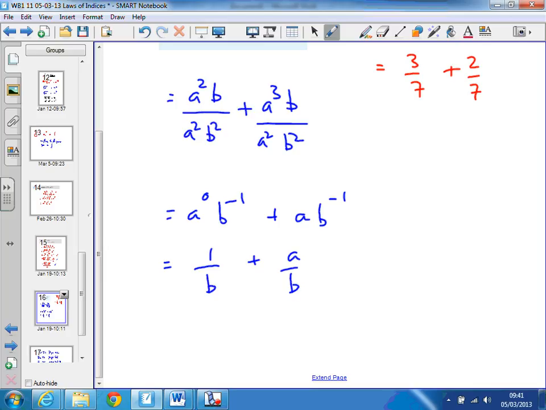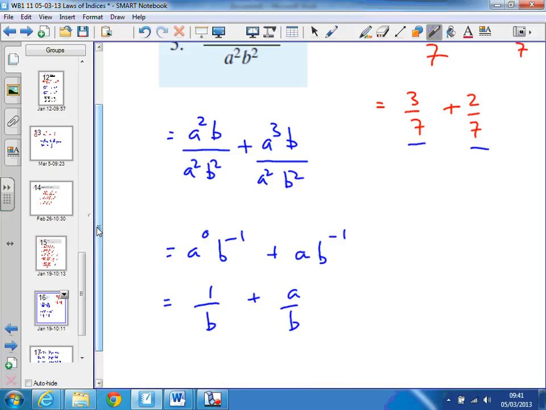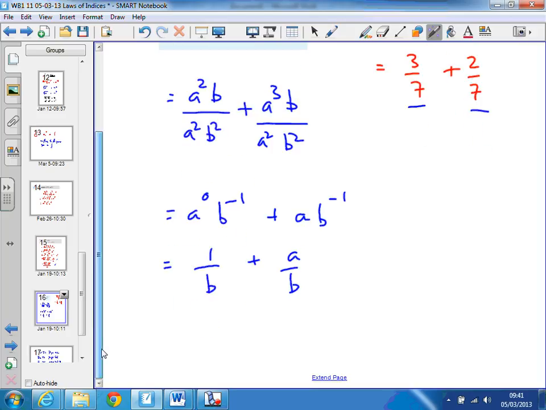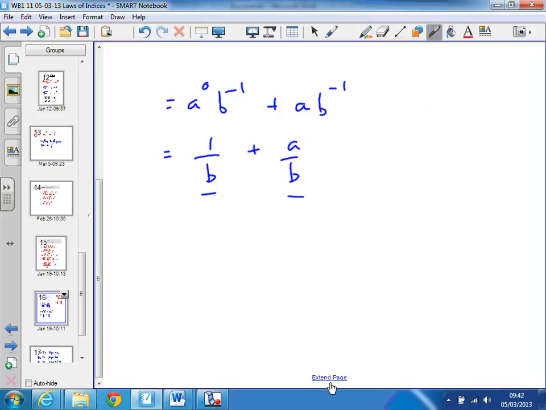Now when I add fractions together, if the denominator is the same, in other words, I'm looking back to this, both 7s, I can just add the top numbers, 3 plus 2. In the same way, common denominator is b, so I can actually simplify that to be 1 plus a over b. All of that initial problem simplifies down to 1 plus a over b.